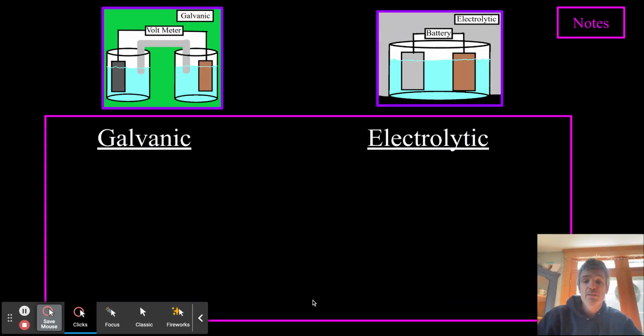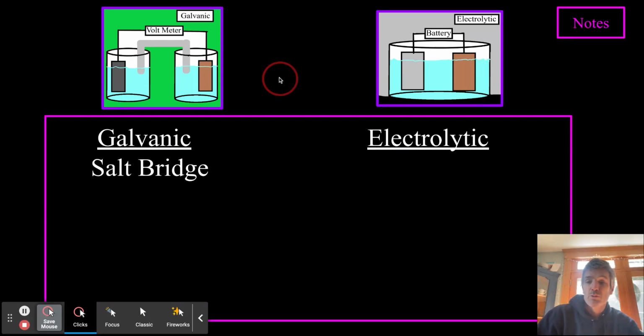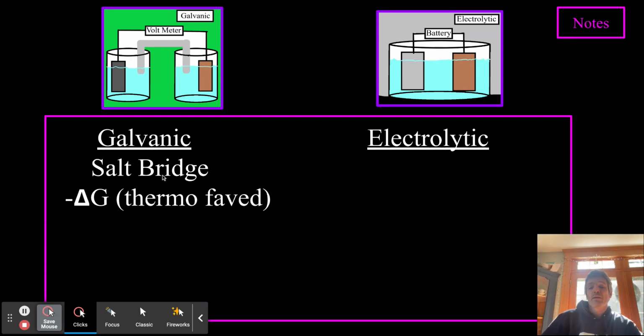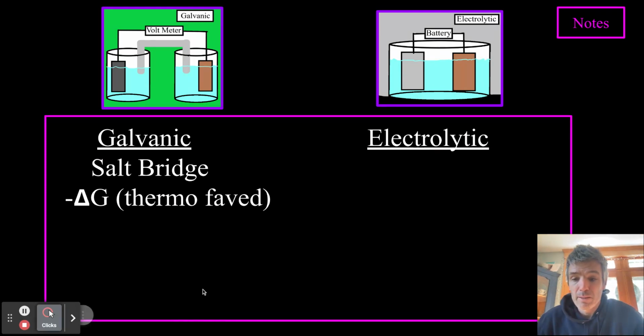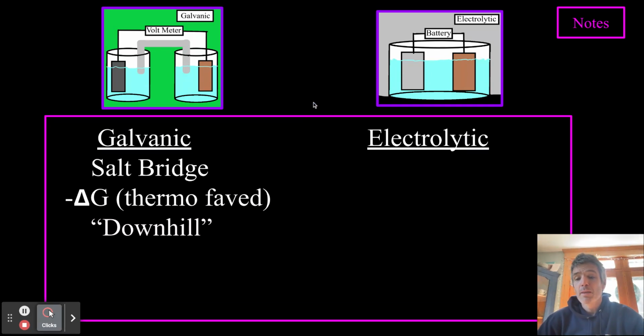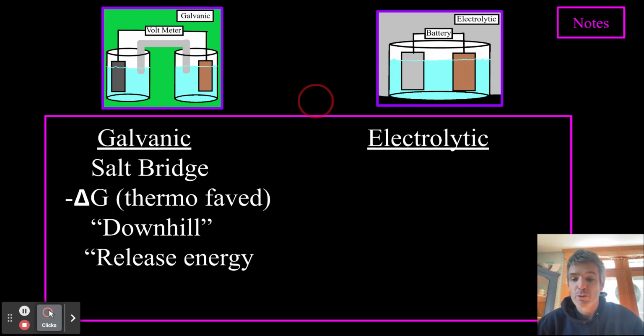So their differences: galvanic cells have that salt bridge. The salt bridge allows ions to move between the cells, between these two solutions. Another thing about them is that these have negative delta G's. That means they're thermodynamically favored, because things are moving downhill, so to speak. They can release energy or a current.